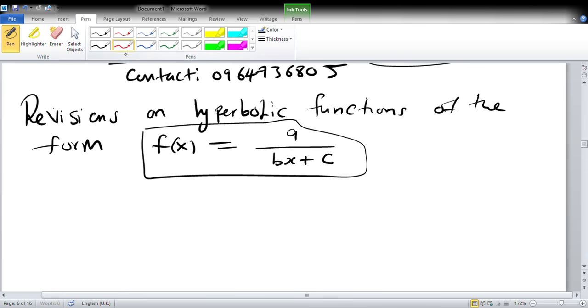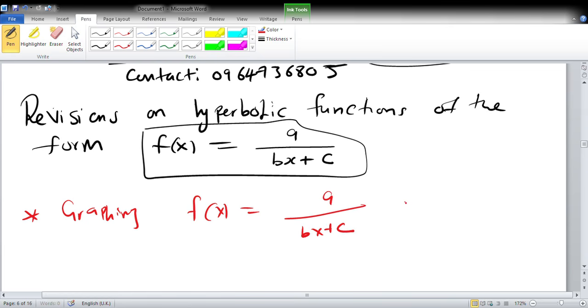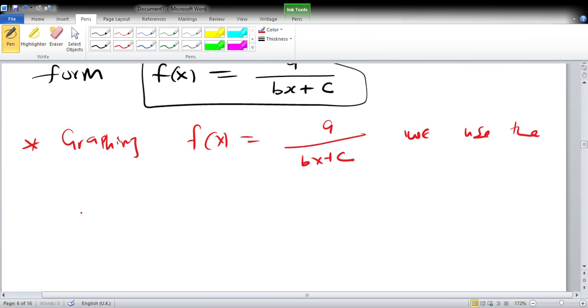So what we just need to know is this. Graphing f of x equals a over bx plus c, we use the reference graph, f of x equals 1 over x.